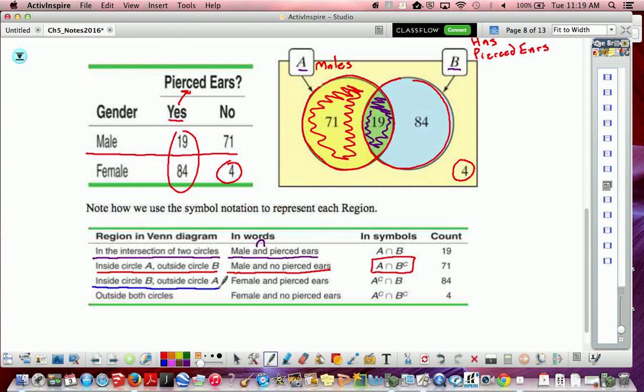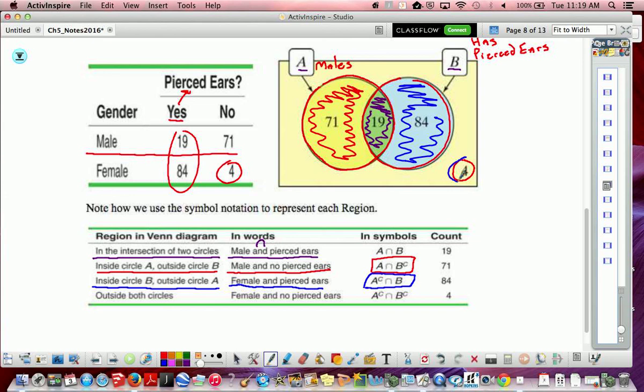Inside circle B, outside circle A. That's these 84 right here. So those are not males, which are females, and pierced ears. So not males, so A complement, intersect B, representing my 84.